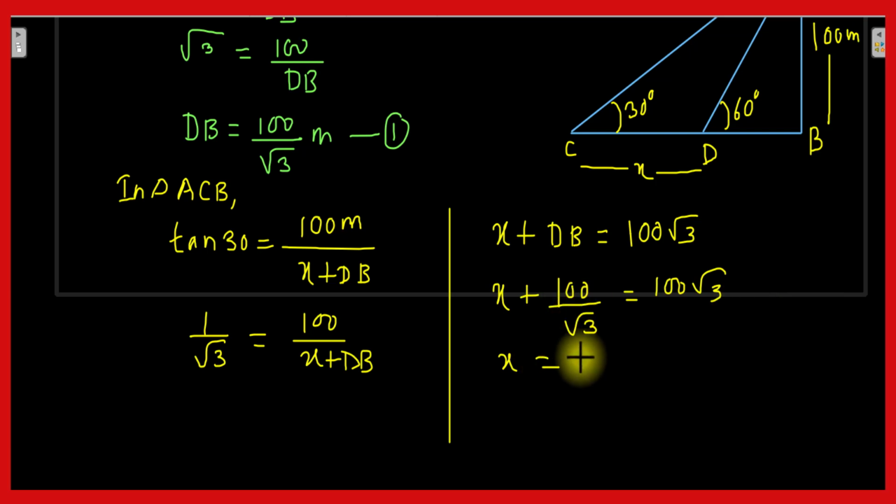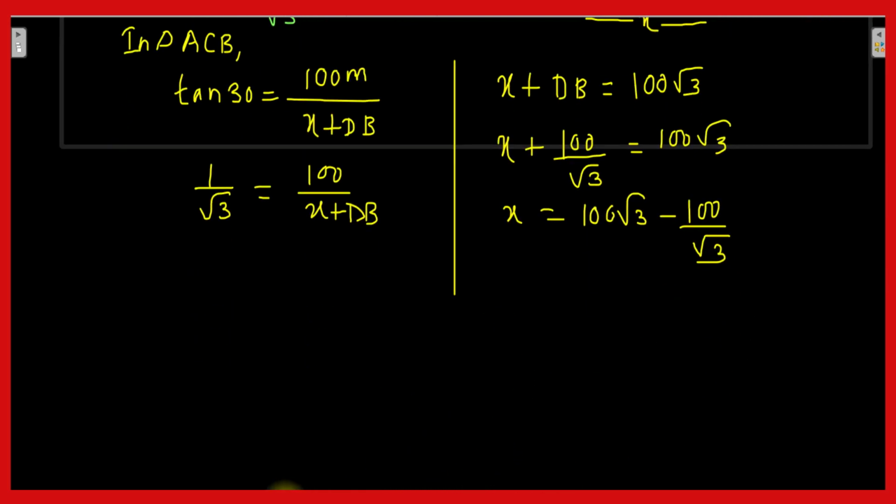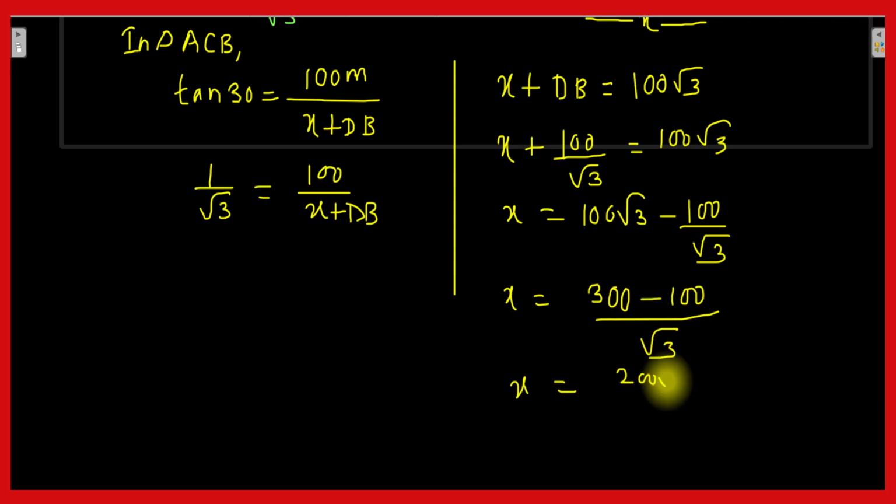So x is equal to 100 root 3 minus 100 upon root 3. Solve this further. Take the LCM, root 3 will be the LCM. So x is equal to, multiplying by root 3 here, root 3 into root 3 will be 3, and 100 into 3 will be 300. So it is 300 minus 100 upon root 3, and so x is equal to 200 upon root 3.